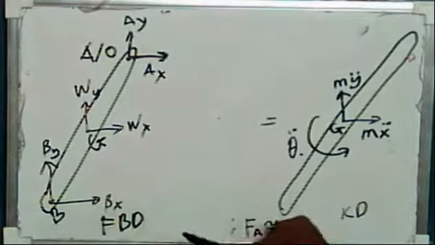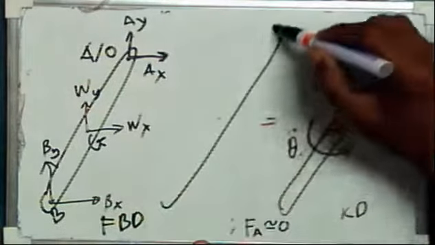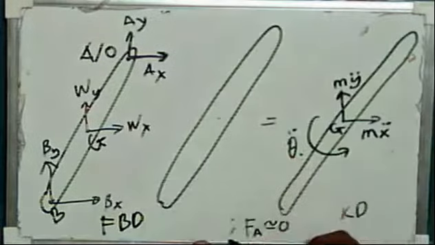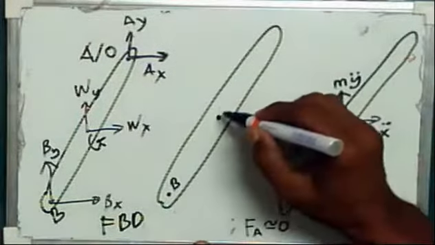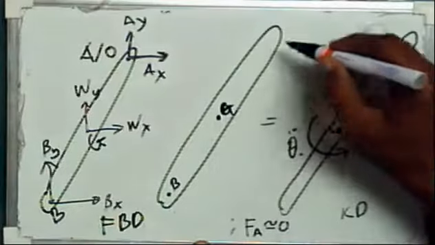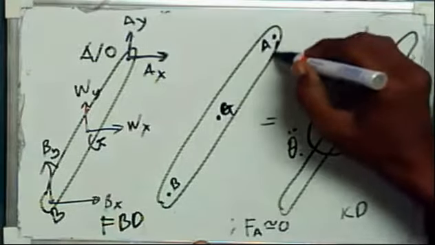And B, the BY and BX directions. B is the actual force acting on the slender body, point B, point G, and the origin coincides with point A.